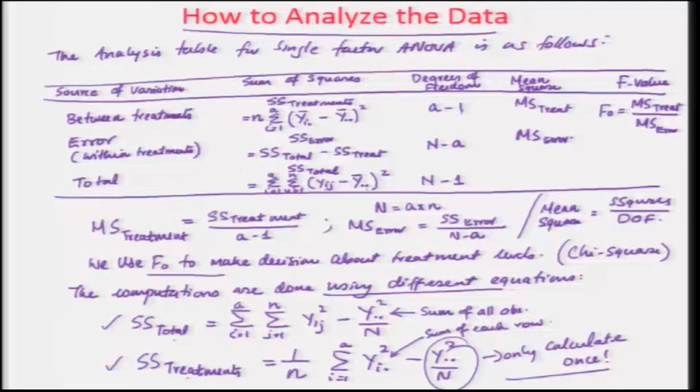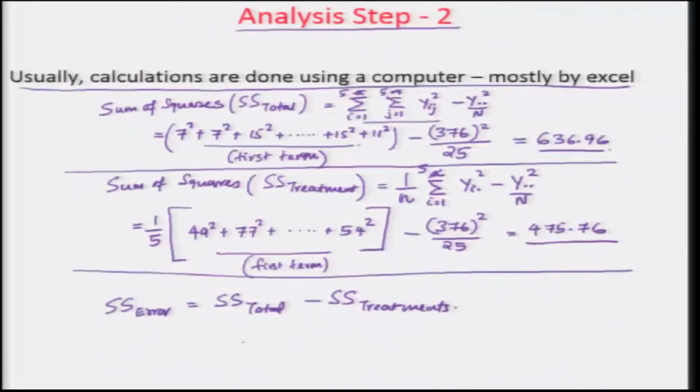Remember, the error sum of squares was calculated as sum of squares of total minus sum of squares of treatment. So, using that, it is equal to 636.96, this is what I calculated right there, minus 475.76, this is the sum of squares of treatments. Both of them put together, I get it as 161.20.